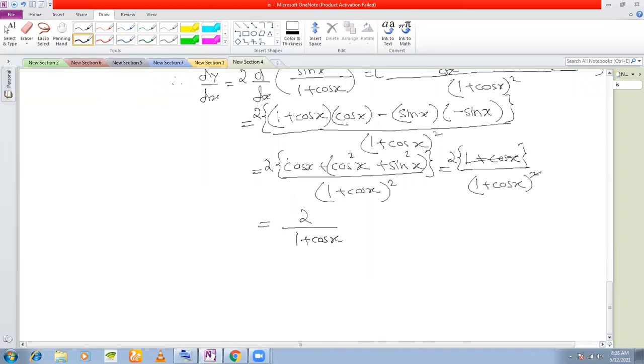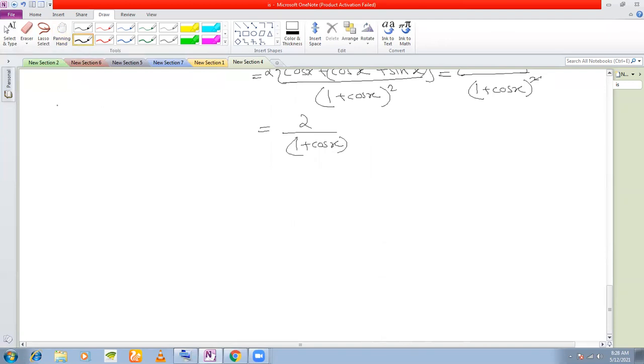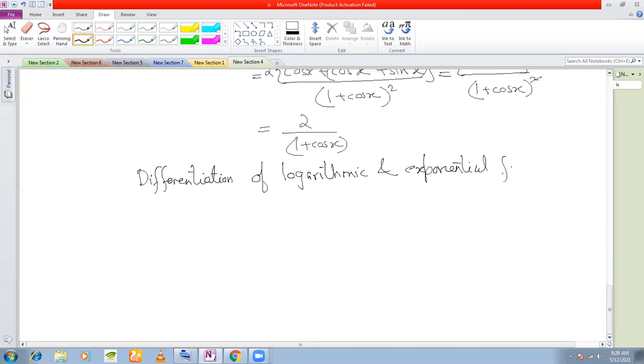Simply. That's it. Now we move on to the next part, which is differentiation of logarithmic and exponential functions. How to differentiate logarithmic and exponential functions by chain rule, that is what we are going to learn here.